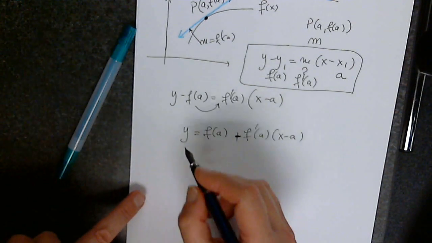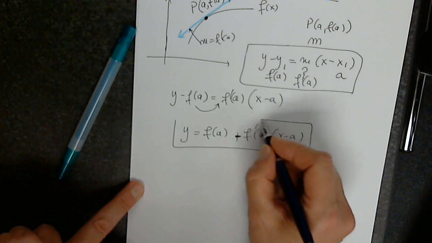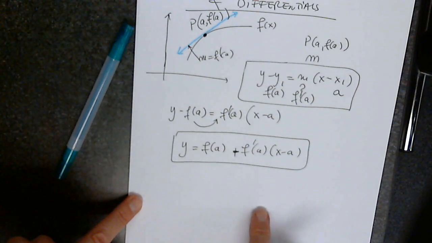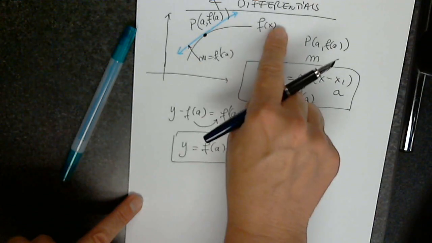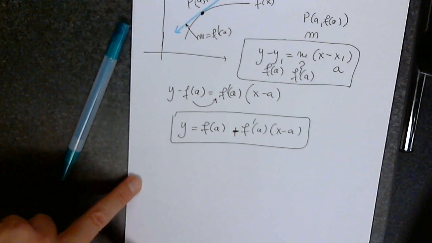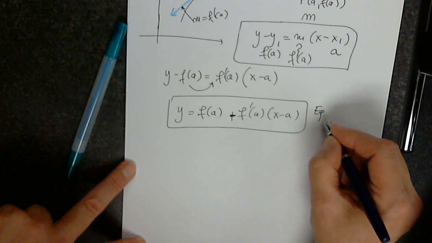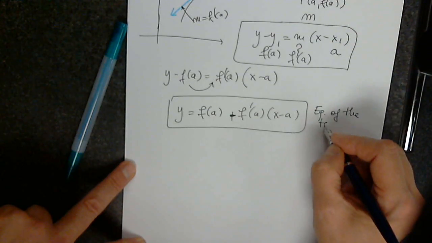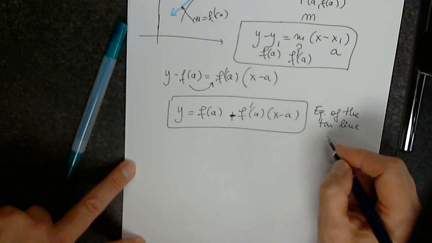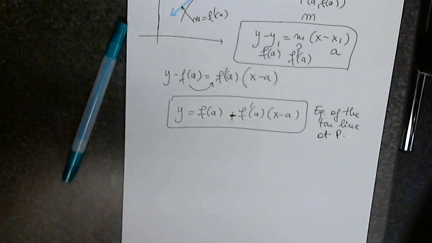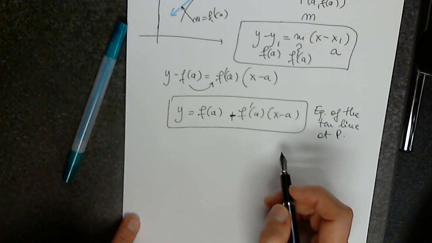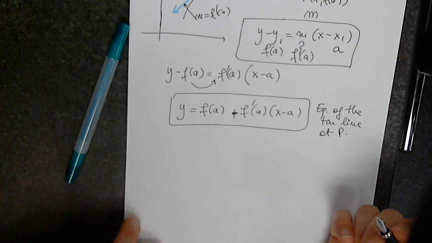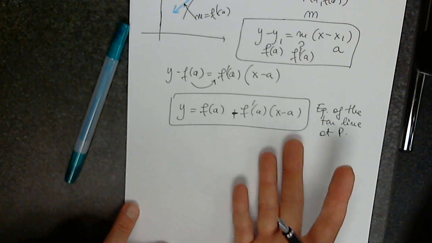Would you agree that this is the equation of this line tangent to the graph of f at P? Equation of the tangent line at P to the graph of f of x. Agreed?